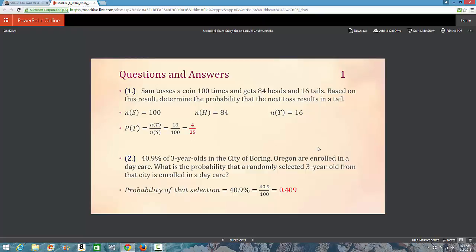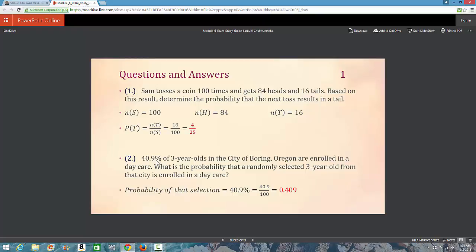Question 2. 40.9% of 3-year-olds in the city of Boring, Oregon, there's a city, Boring, Oregon, are enrolled in a daycare. What is the probability that a randomly selected 3-year-old from that city is enrolled in a daycare? So, this one is straightforward.